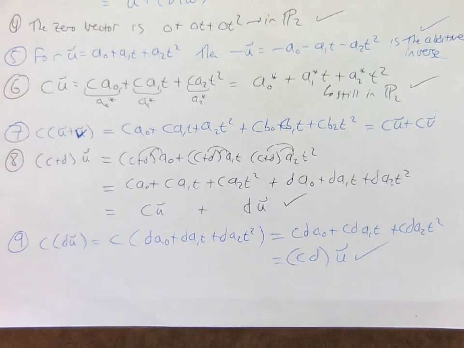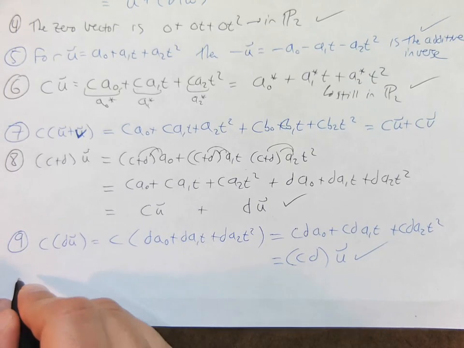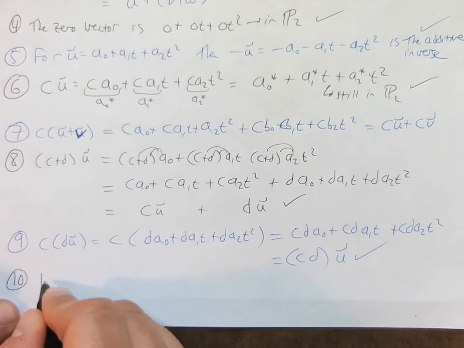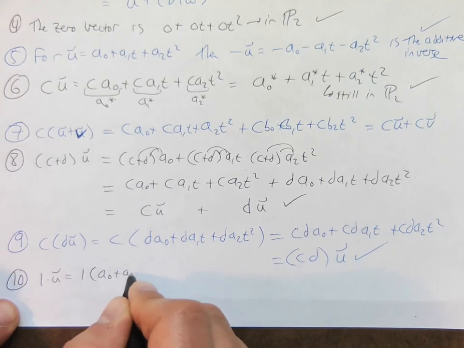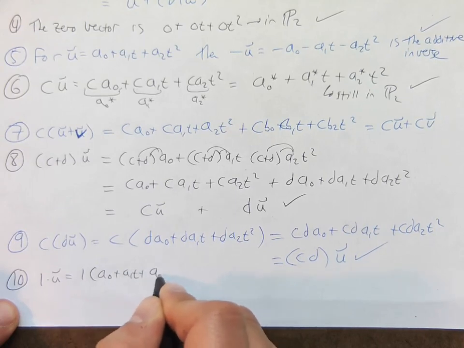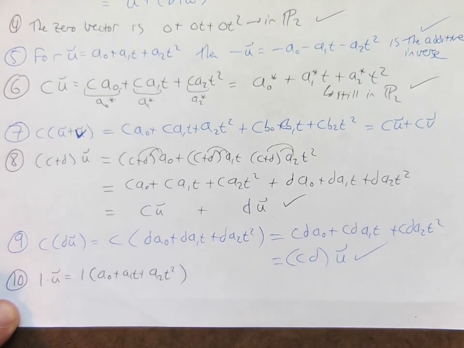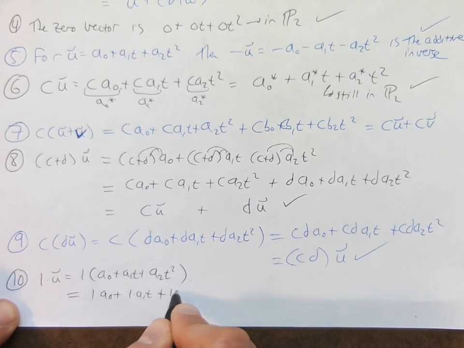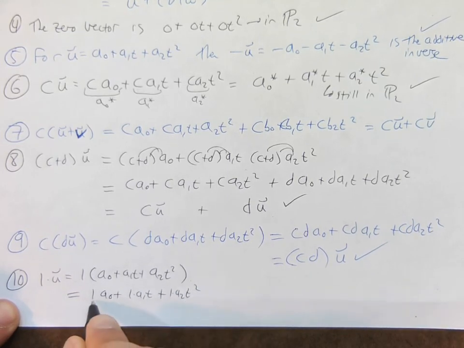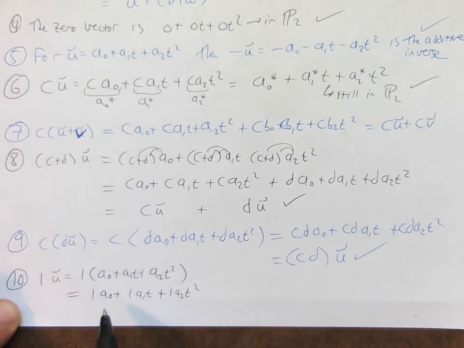And lastly, when we multiply a vector by 1, it stays the same. So 1 times u would just be 1 times our vector u. 1 would multiply each one of those constants. I'm just going to write this one out for the heck of it. And we know that when one multiplies a real number, it stays the same.